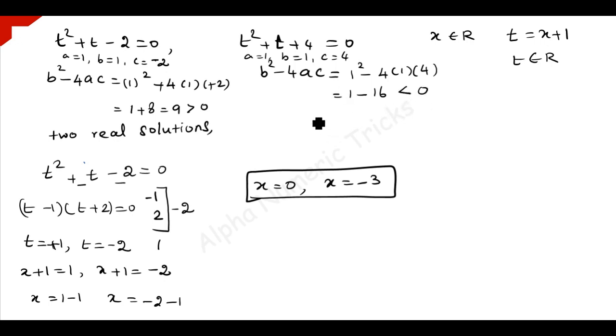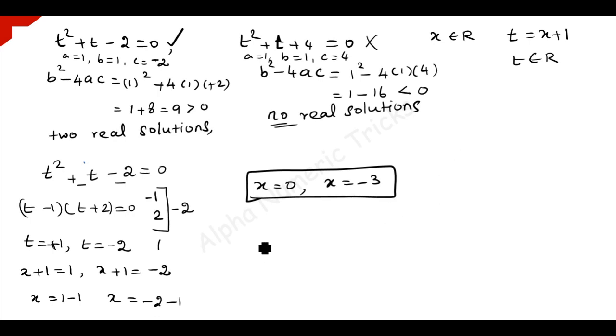So this equation does not have real solutions; only complex solutions. So that's why we omit this, and since x belongs to R, we had to find the real solutions, and those two solutions are x is equal to 0 and x is equal to minus 3.